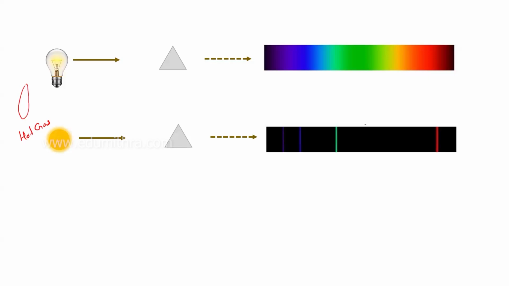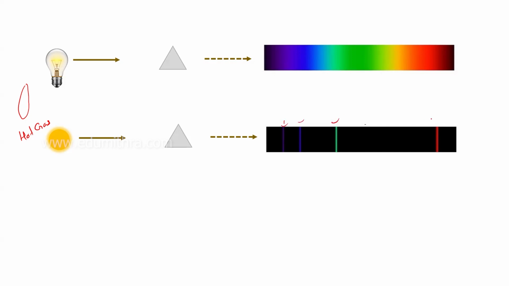So that is a hot gas. When it is at a very high temperature, the gas starts to glow. Then we send the light from that glowing gas again through the prism. Then the result is not just the continuous light that you have seen. We will see only some certain colors.